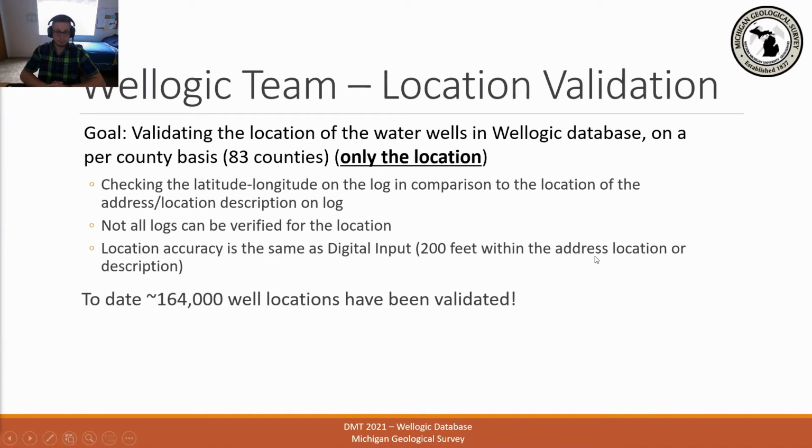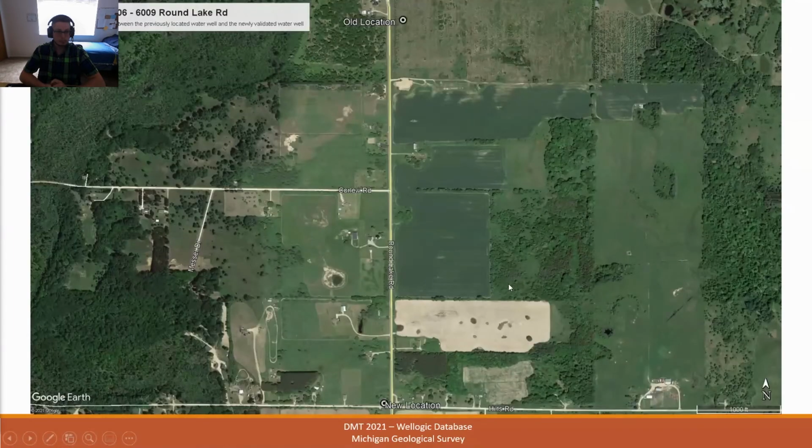And we found this to have about a 35% error rate. And to date, we have looked at and validated 164,000 of these wells. And then the next slide is just an example of how off some of these locations are. It can be even worse than this, but it can go from being in the middle of a cornfield to the actual house or property that it is on.